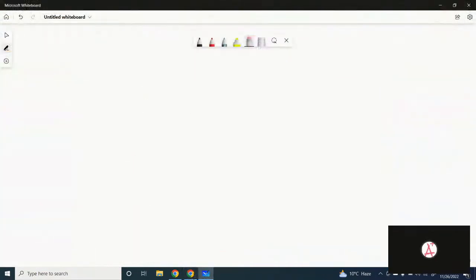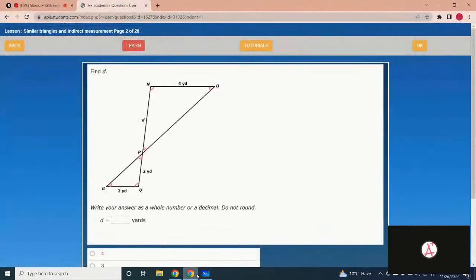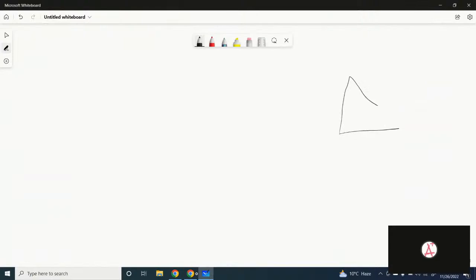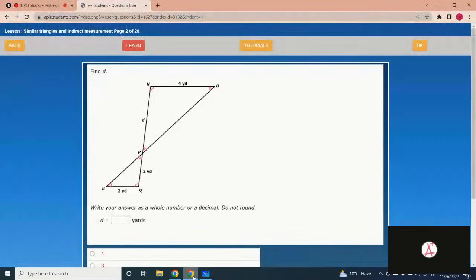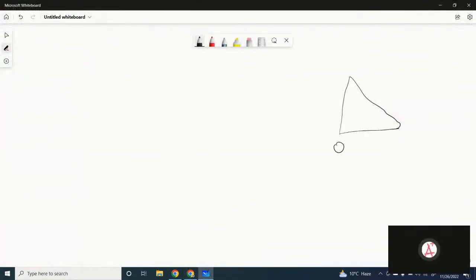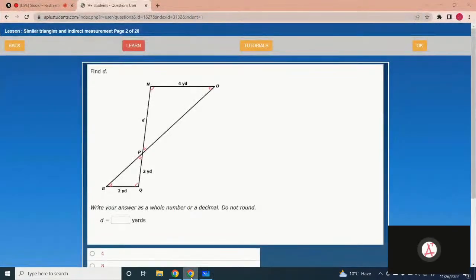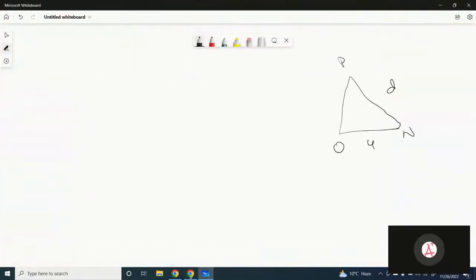O N, N P. So NP is D and 4. It is D and it is 4 yards.